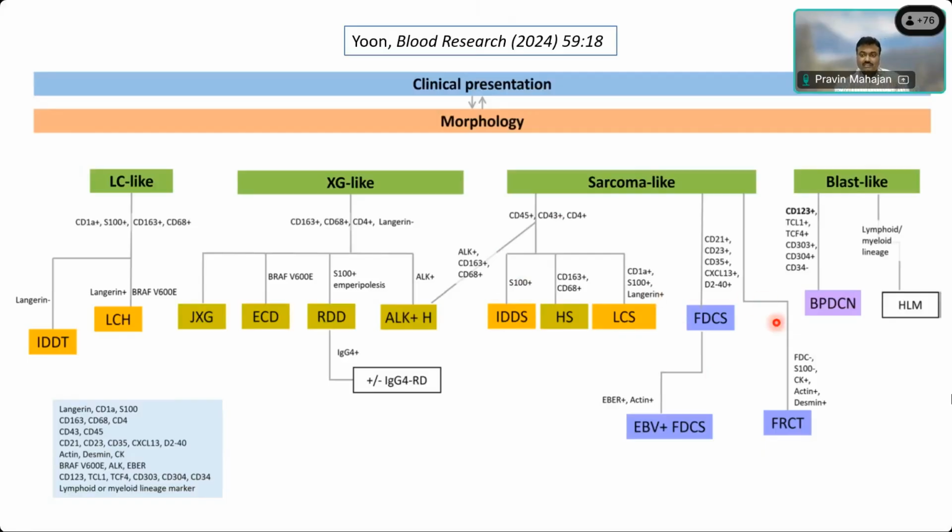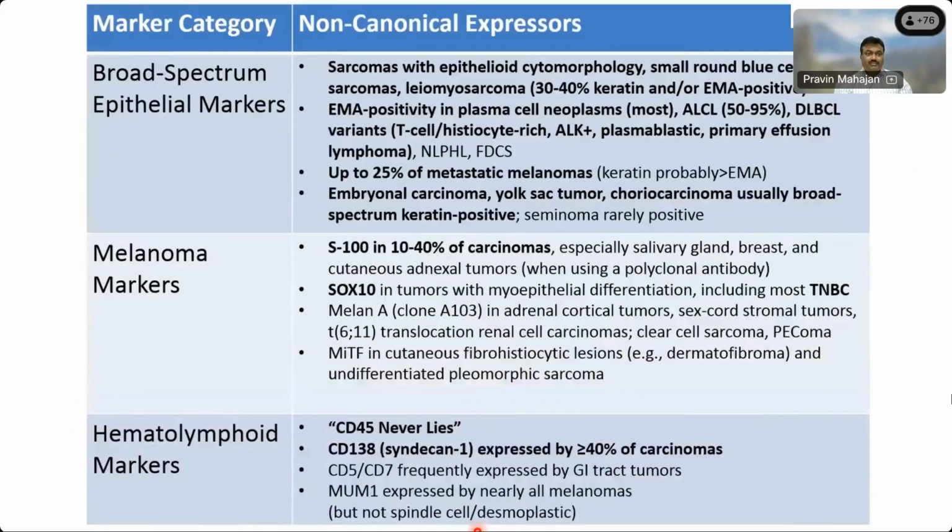And of course, follicular dendritic sarcoma can look like a sarcoma. Just to give you something shortly, when we use broad spectrum IHCs, like epithelial markers, CK or EMA, any sarcomas with epithelioid morphology, even leiomyosarcomas for that matter, can express cytokeratin.